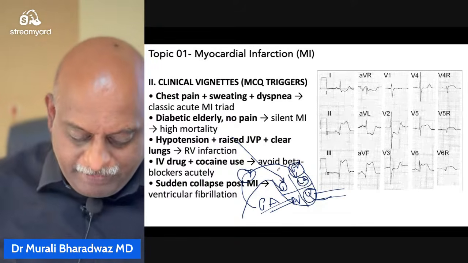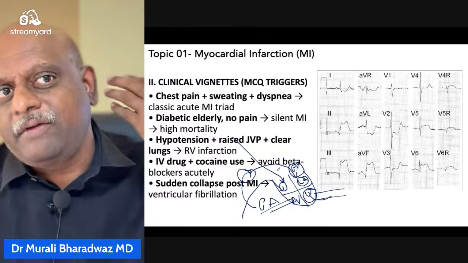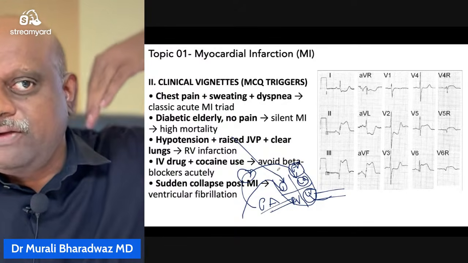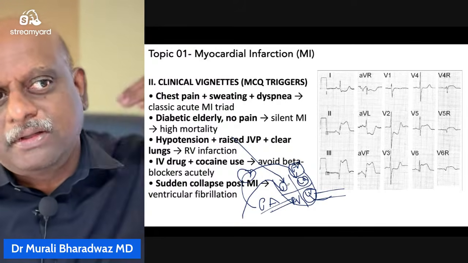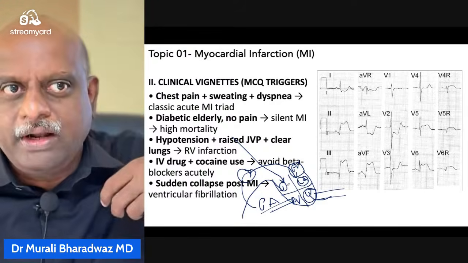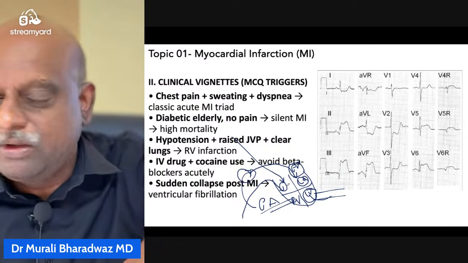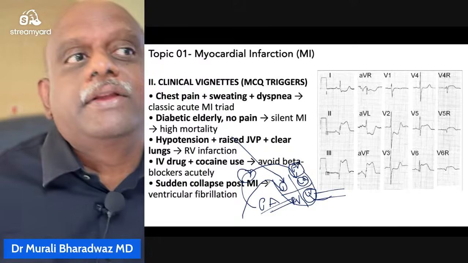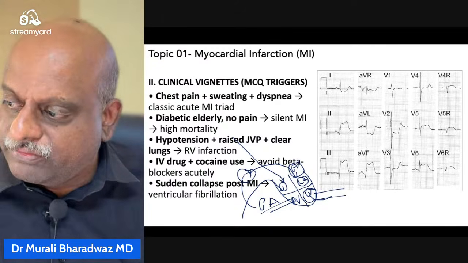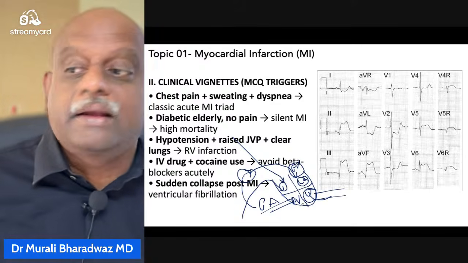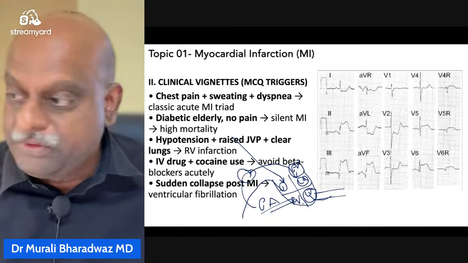That's the reason there will be pedal edema, raised JVP, jugular venous, because jugular veins drain into the right atrium. Jugular vein comes from your SVC to jugular vein to right atrium. So jugular vein distended is the typical feature which you see in case of the right ventricular infarction is what we need to basically remember.